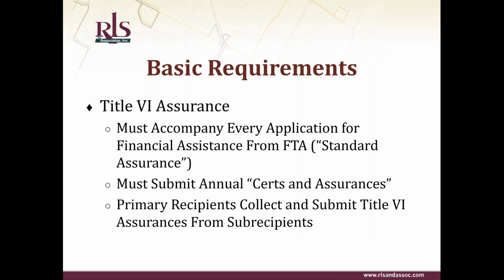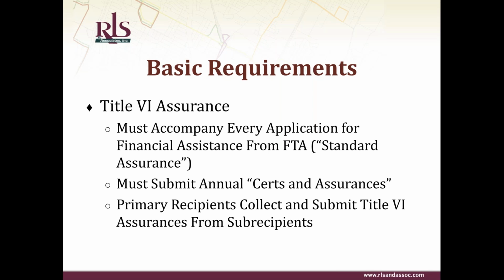One of the main things that's required is the Title VI assurance, which is every time anyone applies for financial assistance from FTA, or frankly any other federal agency, they are required to assure that agency that they will comply with all the responsibilities and protections that are part of Title VI.